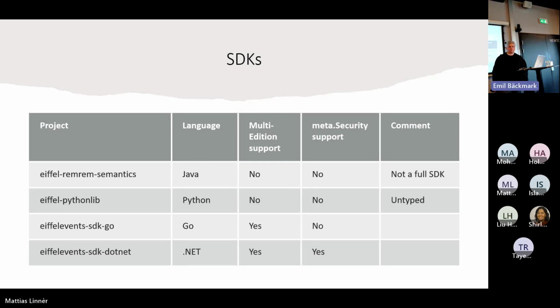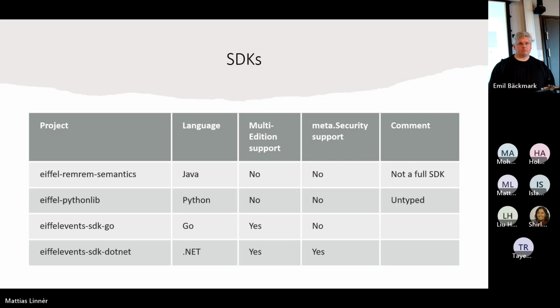But again, the Go and .NET SDKs are meant for both directions and supporting multiple versions. And if anyone would like to work on a Java SDK, that will be appreciated in many places. Any other questions, comments?